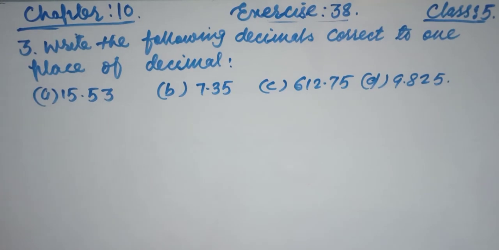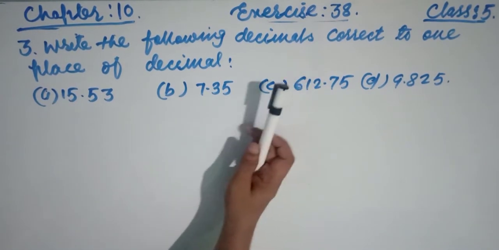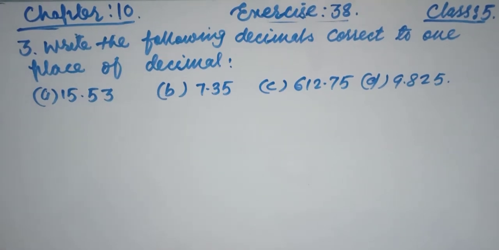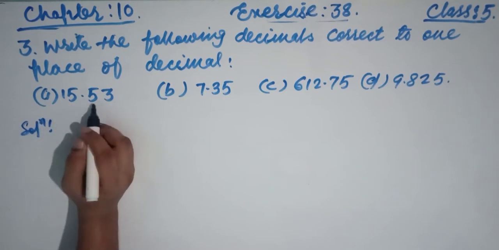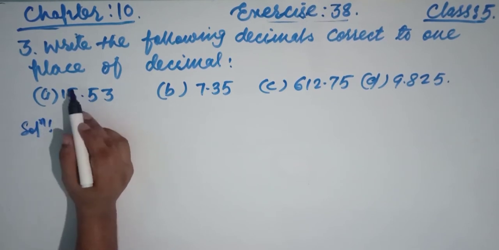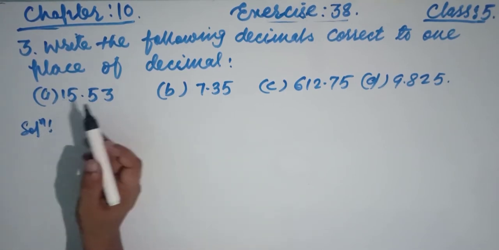Now see friends, question number 3 says write the following decimals correct to one place of decimal. So here the question has 4 sub questions, friends, A, B, C, D. Now A says the given number is a decimal with 2 decimal places, but we have to write it correct to 1 decimal place.